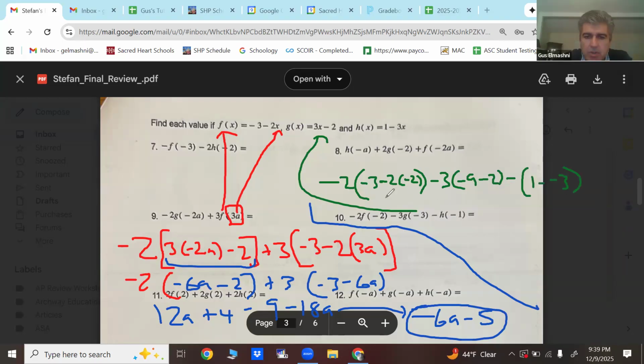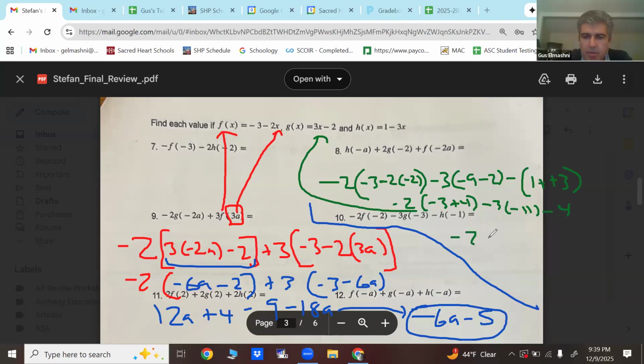If I clean it up, I should get -2, and that's -3 plus 4, -3 times -11, and minus 4.